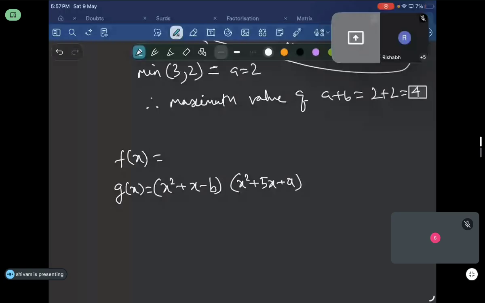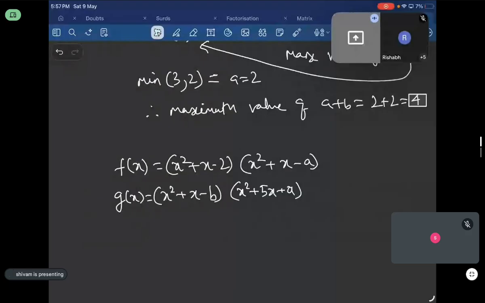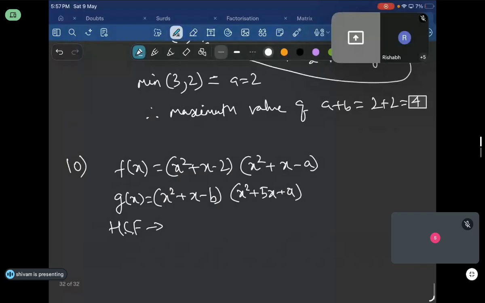This is f of x, this is g of x. And what is the HCF? Let us write down the HCF as well. This is question number 10. What is the HCF? LCM or HCF? LCM. LCM is x minus 1 into, this is the whole LCM.